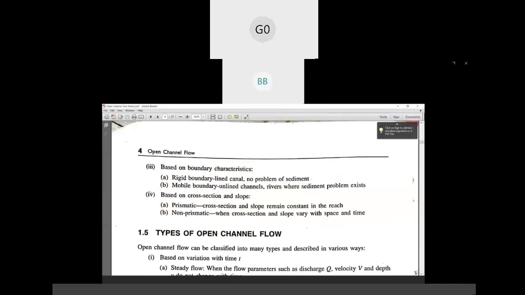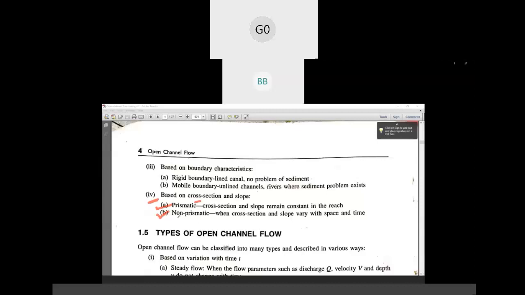And the fourth classification is based on the cross section and slope, that is prismatic and non-prismatic. So what is prismatic? Suppose you consider a pipe, you can see that the cross section throughout the pipe is constant. So that section is called prismatic, when your cross section remains constant.